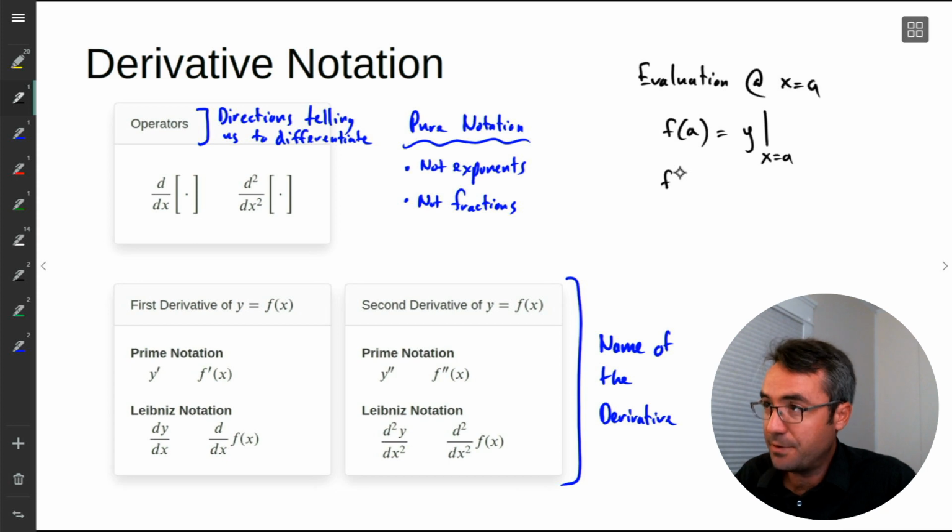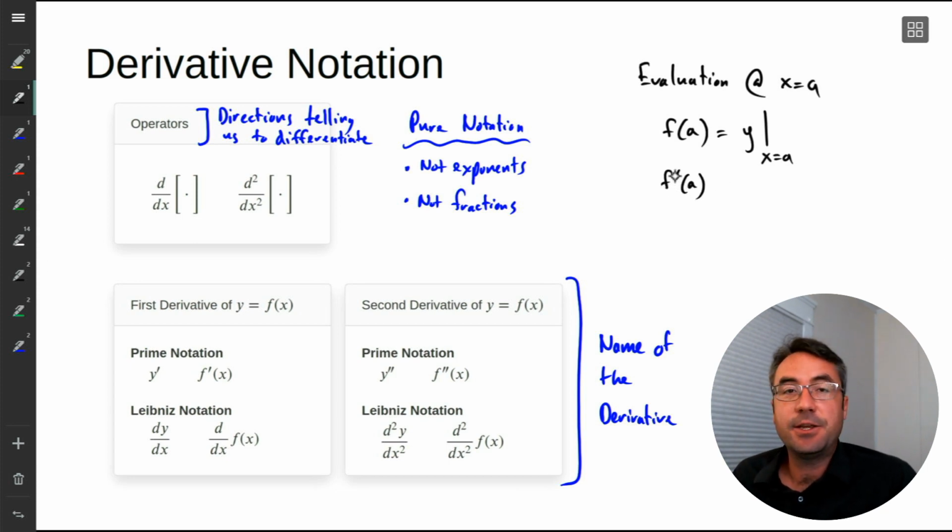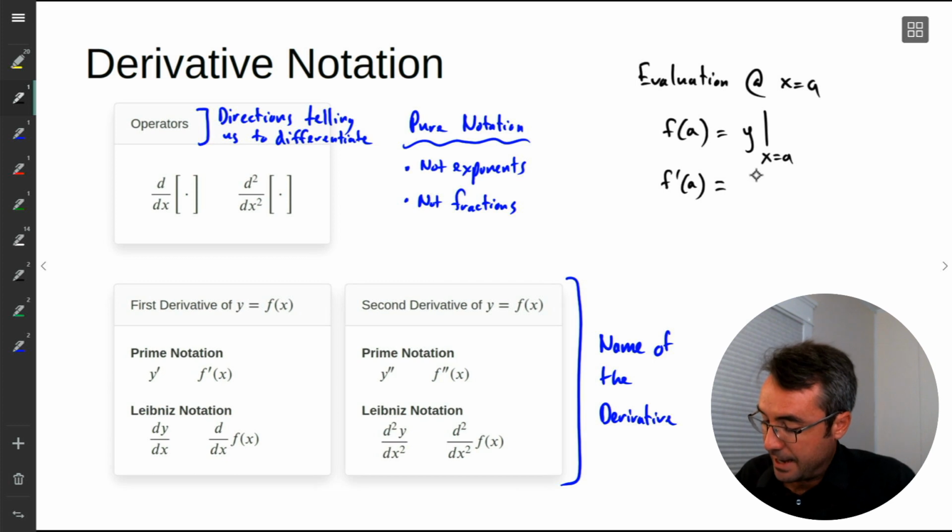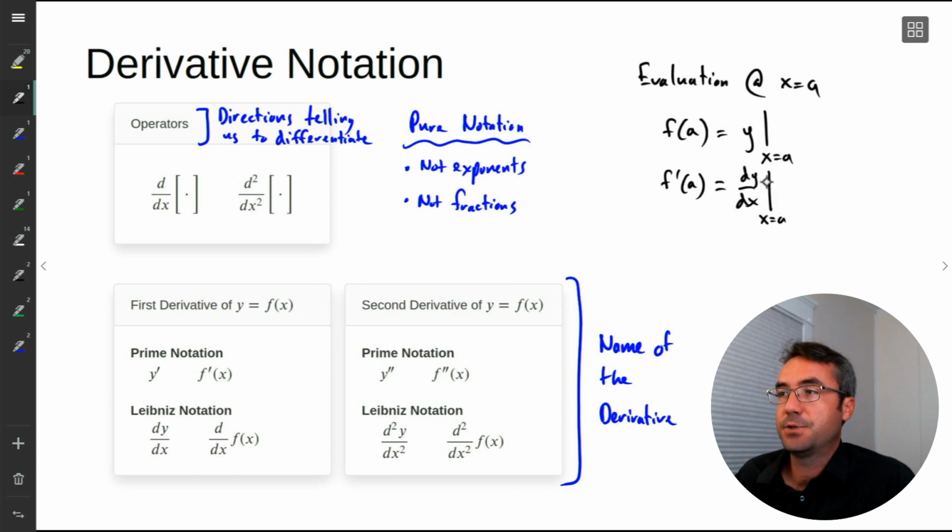If we had our first derivative, f prime of a, this means take your first derivative f prime and plug x equals a into it. We might also write that as take your first derivative dy dx and then evaluate at x equals a. So we're just plugging in x equals a. Again, the vertical line here means evaluate.